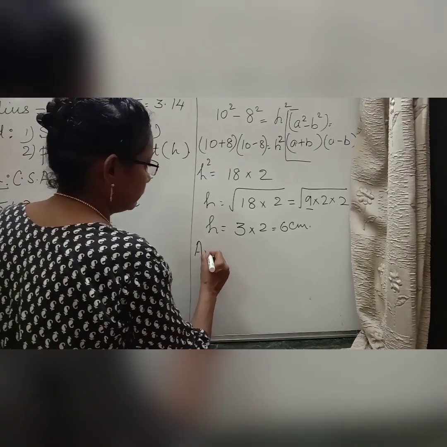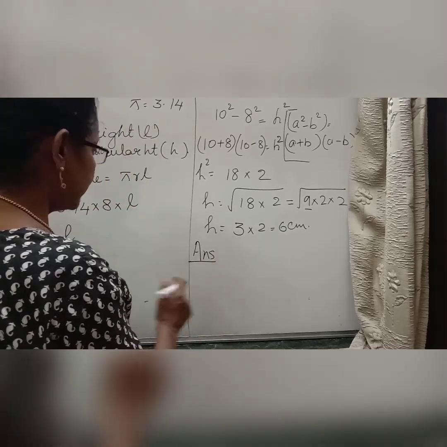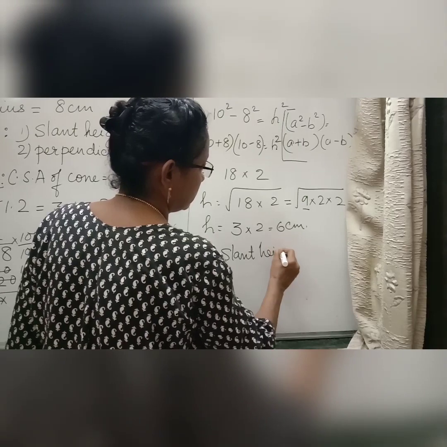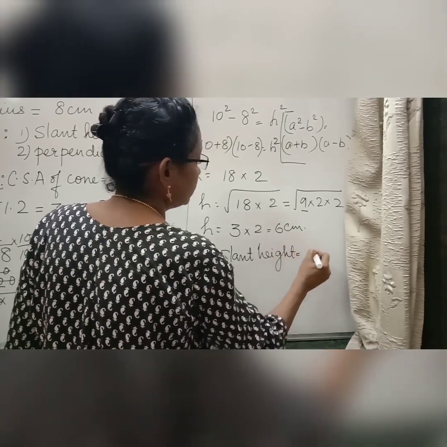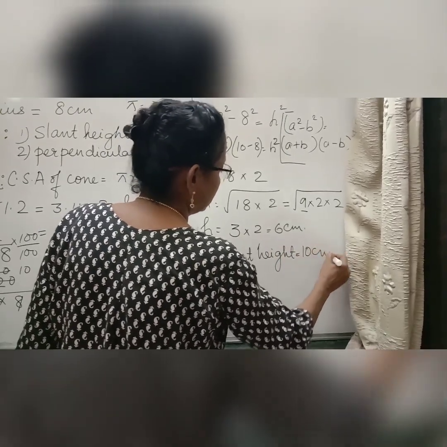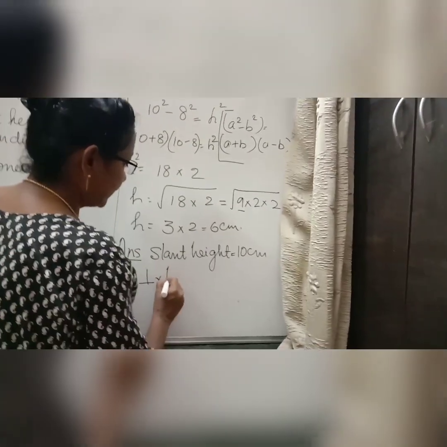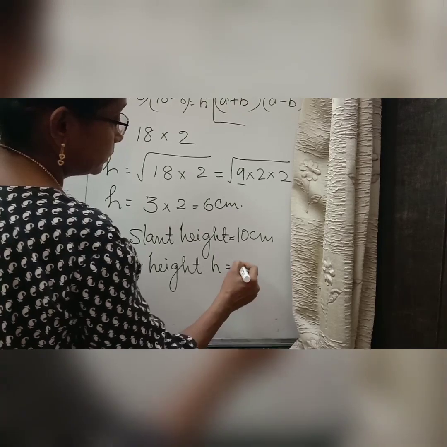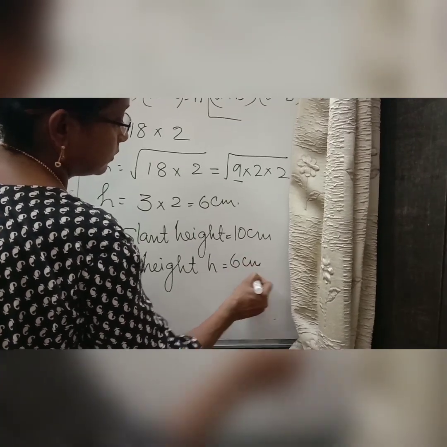So we have got slant height is equal to 10 centimeter and perpendicular height H is equal to 6 centimeter.